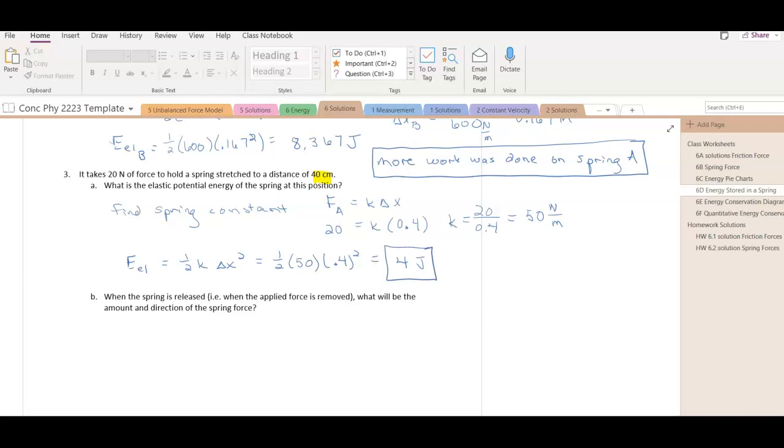When the spring is released, what will be the amount and direction of the spring force? So the spring force is negative K delta X. And so that would be negative 50 times 0.4. So it would be negative 20 newtons. And the negative means to the left.